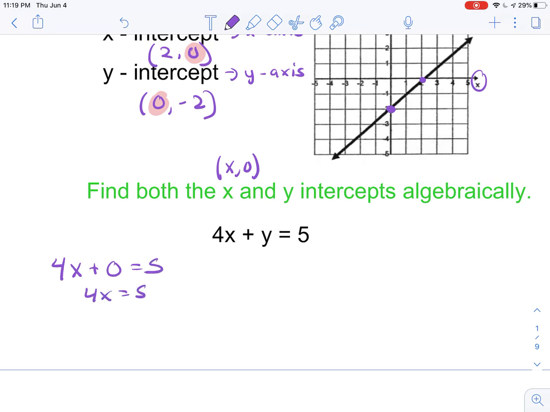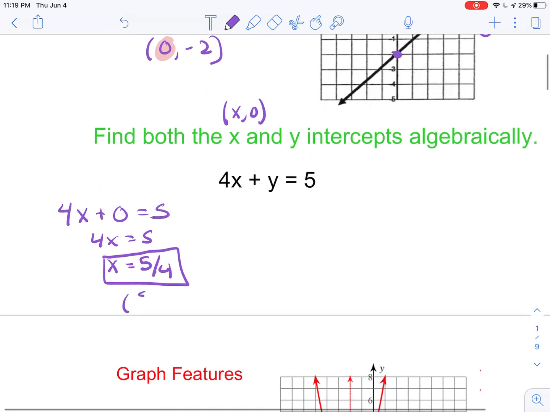So 4x plus 0 is equal to 5. 4x is equal to 5. x is going to be equal to 5/4 in this case. So my graph should cross my x-axis at 5/4 with the point (5/4, 0).